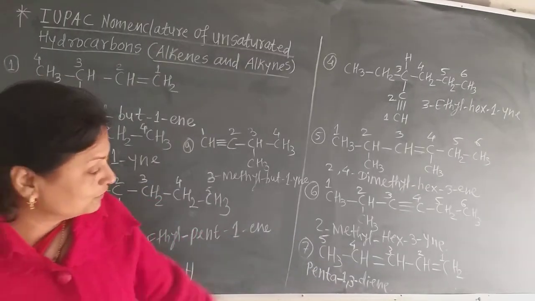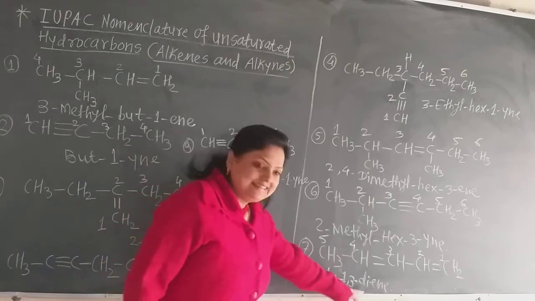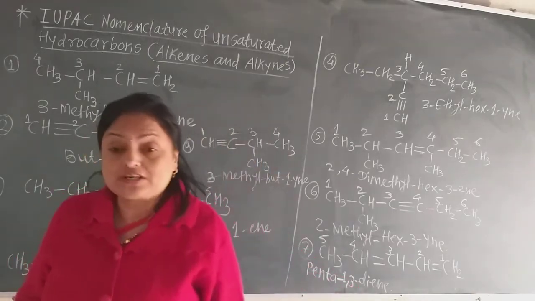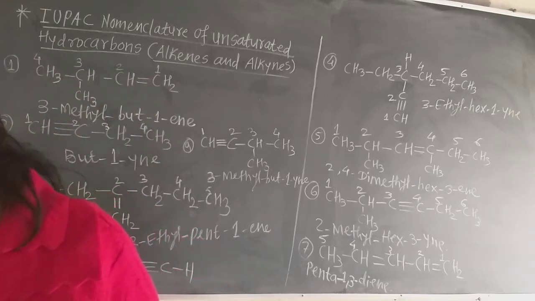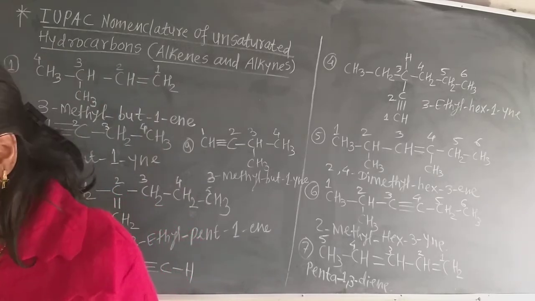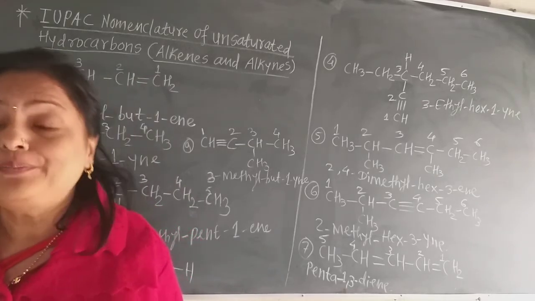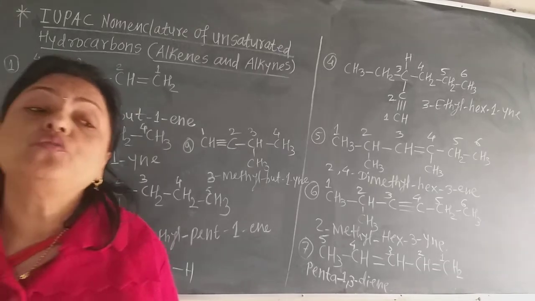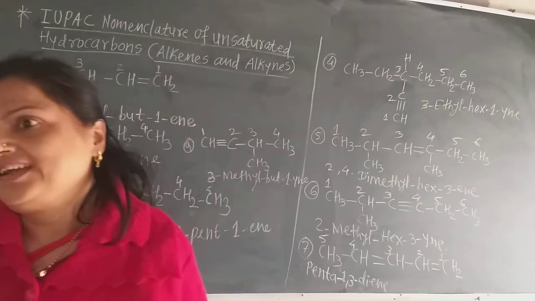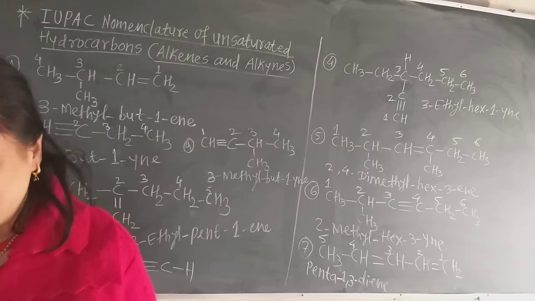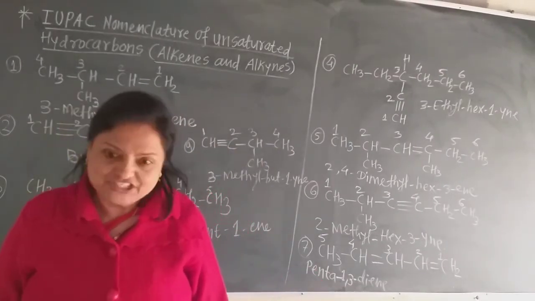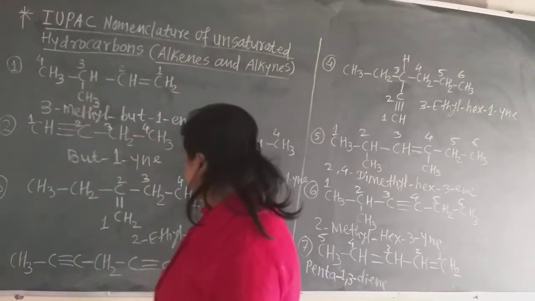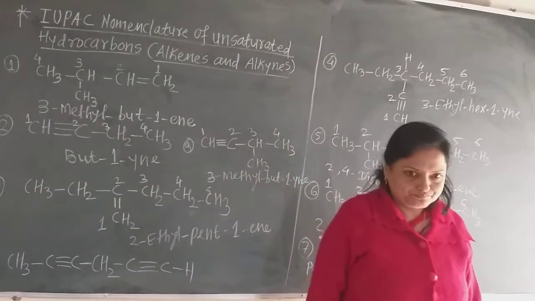And then write the numbers and then write how many double bonds: if 2, then diene; if 3, triene; if 4, tetraene. Now this rule is only for compounds which contain more than one double or triple bond. That is the rule of penta, hexa.